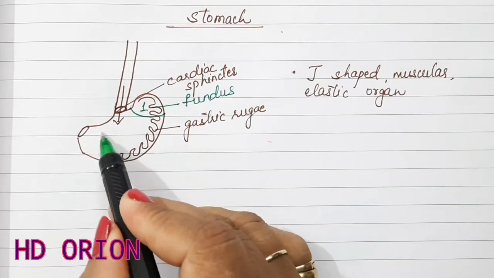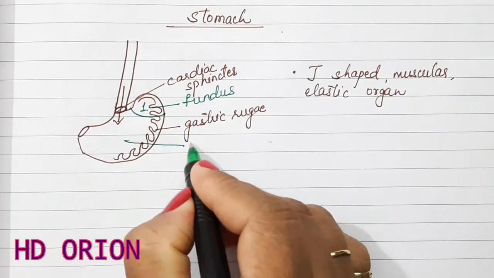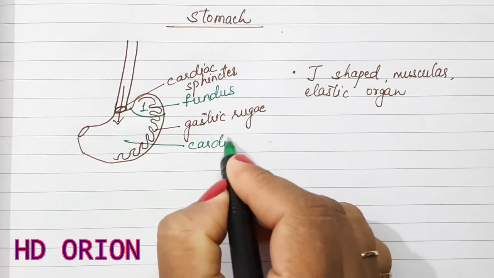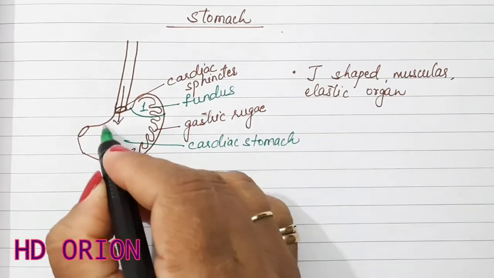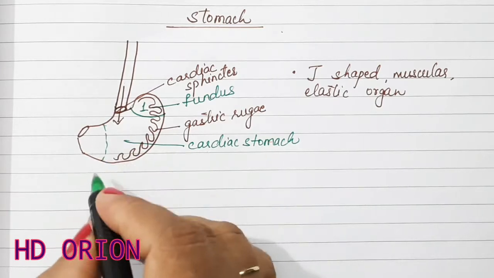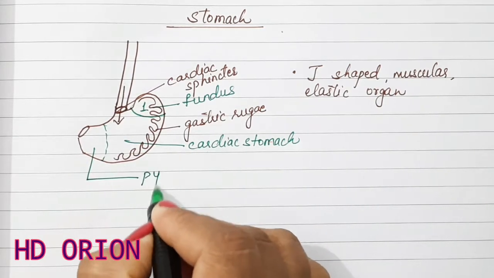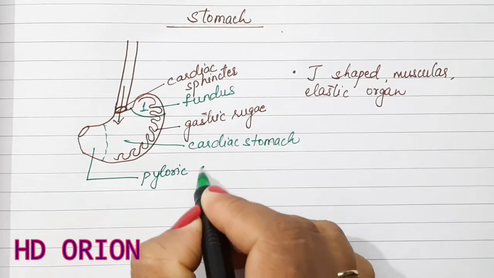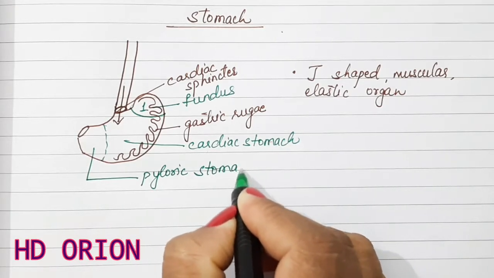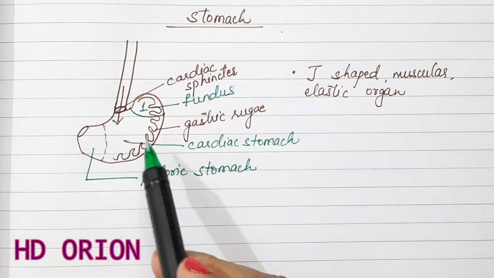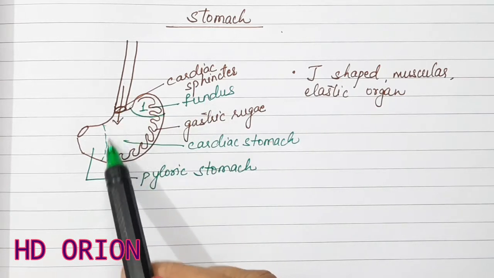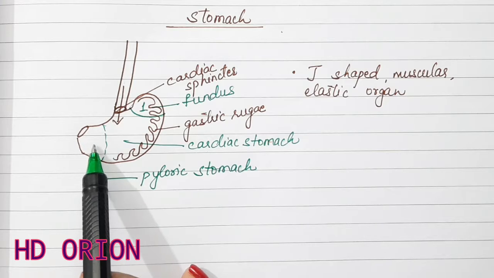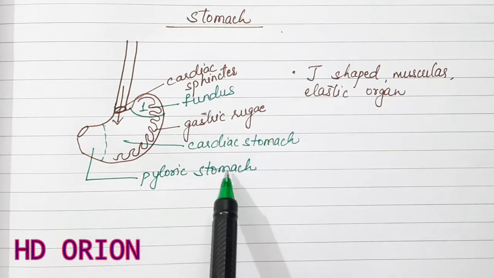The main part is known as the cardiac stomach, and the lower part is known as the pyloric stomach. So the stomach is divided into 3 parts: the elevated dome-shaped fundus, the middle cardiac stomach, and the lower portion known as the pyloric stomach.